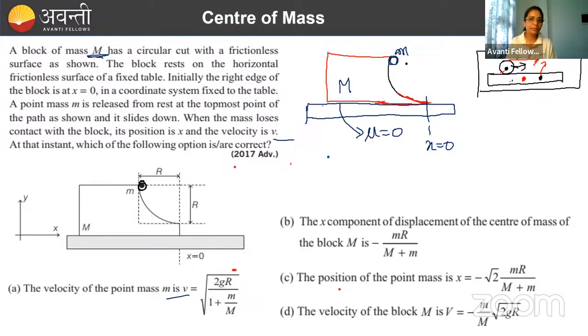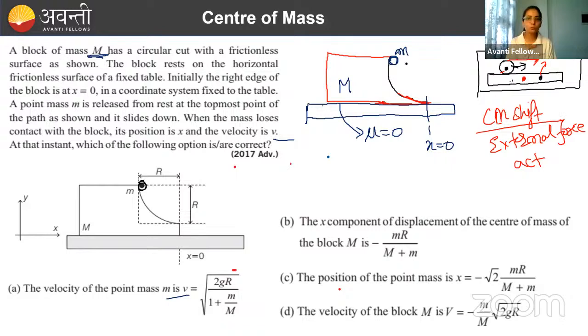But it should not shift, because center of mass shifts when external force is acting on the system. Center of mass shifting कब होता है? When external force acts, and external force means force acting outside the system. And here if the ball is moving, the ball is applying force on the plank while moving.